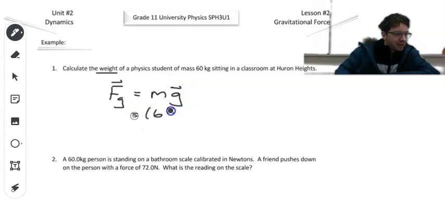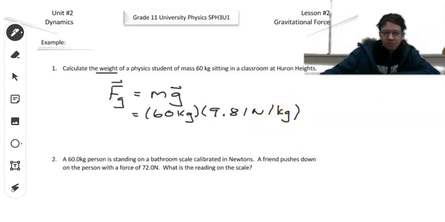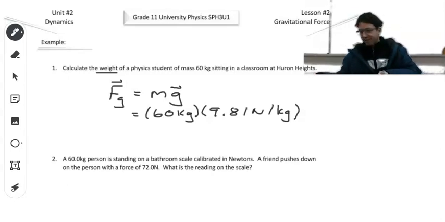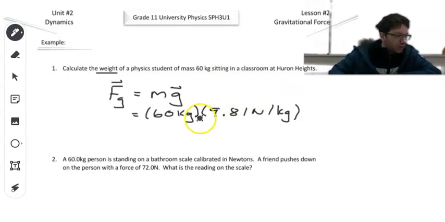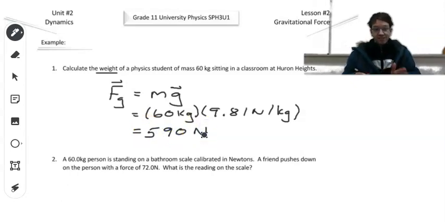So 60 kilograms times 9.81 newtons per kilogram. When we do that on our calculator, we get 588.6, but taking to proper significant digits, I'm going to round that to 590 newtons. So the student's weight is 590 newtons.